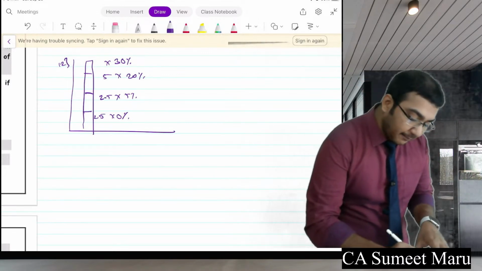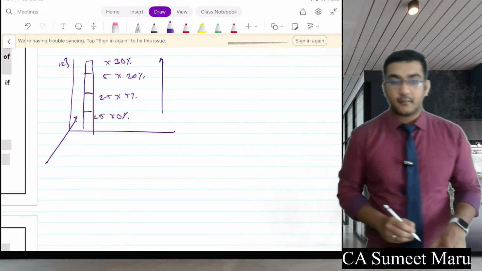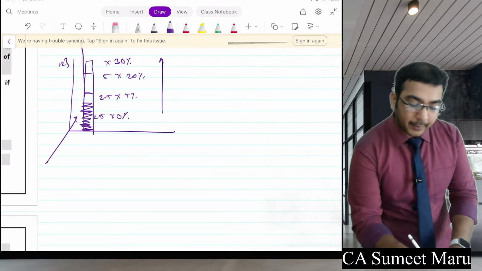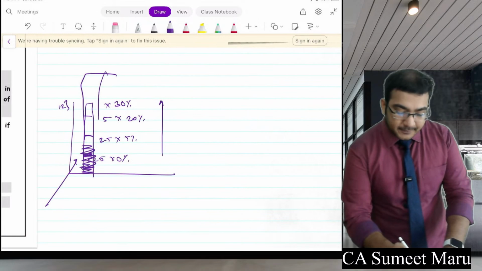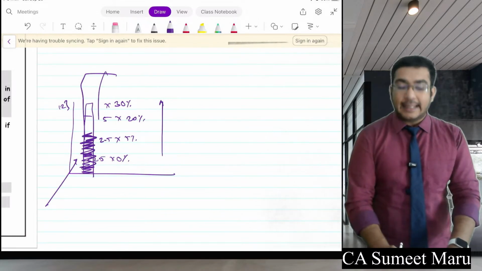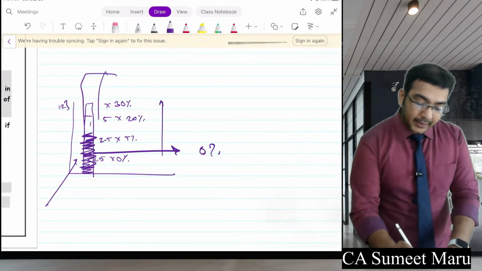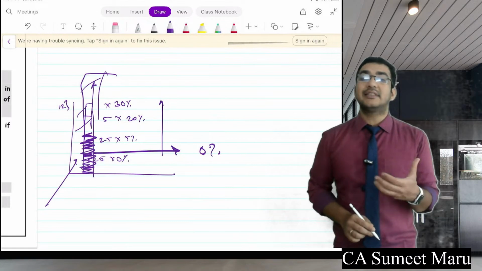Agriculture income simply shifts all these slabs up. So agriculture income comes here, at the bottom, and your remaining income goes above it. The lower slabs will be occupied by agriculture income, which will obviously be taxed at 0% only. But your remaining income goes up and falls in the higher slab. This is what conceptually happens.